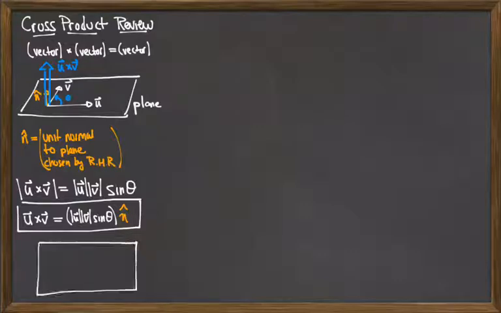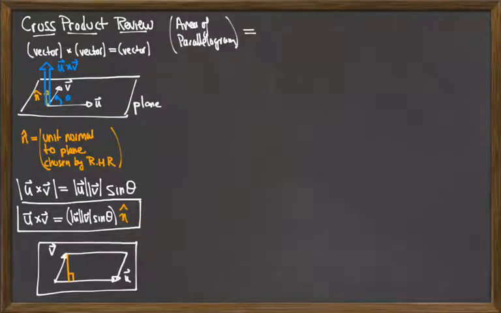To get a better understanding of the length of the cross product, let me redraw my two vectors lying flat on the blackboard now. Here's u and v. They form a parallelogram, so parallel sides here, and I want the area of that parallelogram. So what do I need to do? I need to find the base of it times the height of it to find the area.